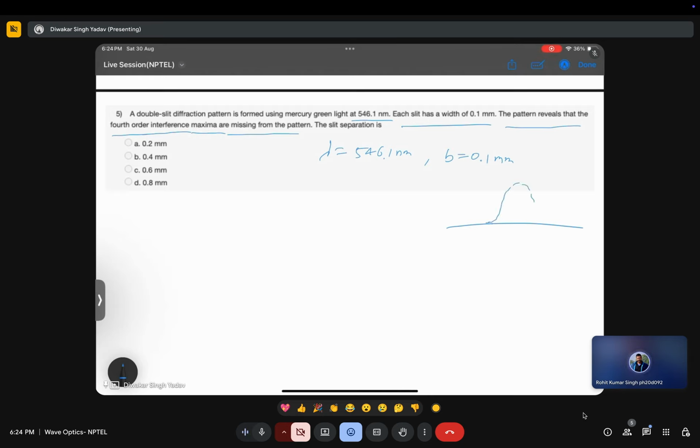So basically you had this profile, right? If this is the fourth order interference maxima, this one is missing. This is the information given, and you have to find the slit separation, which is d.